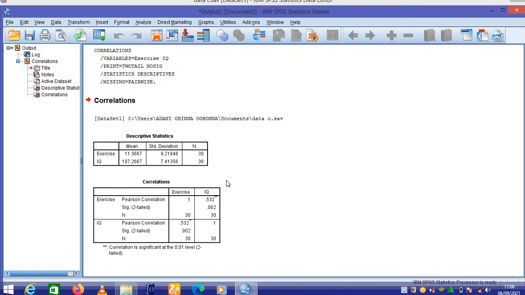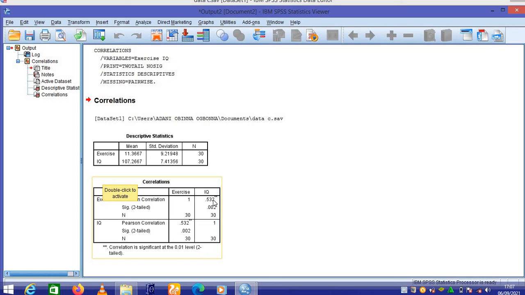So we are now in the output window. Looking at it, you check out the p-value, the significance level. You can see that the p-value is less than 0.05, telling you that there is a significant association between exercise and IQ.